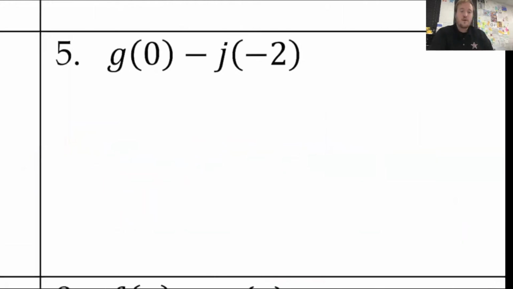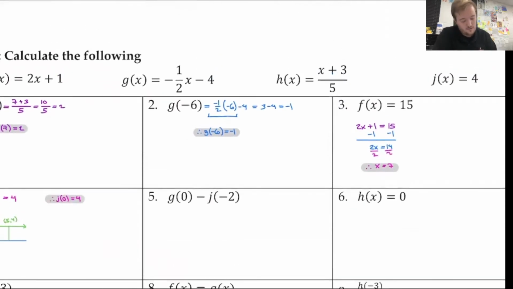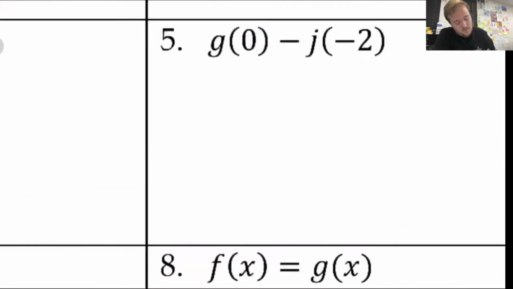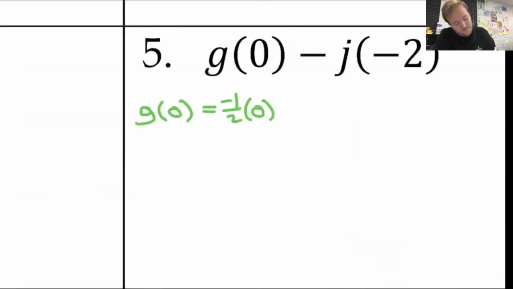Okay, so now we have g of 0 minus j of -2. So j, not j, g. So g of 0, I'm going to write these out separately. -1/2 times 0 is 0, minus 4.